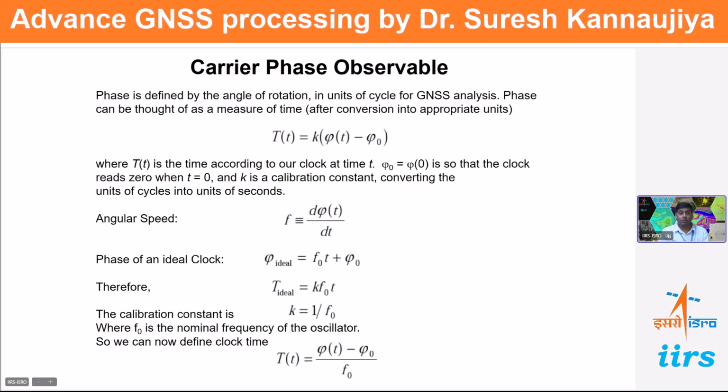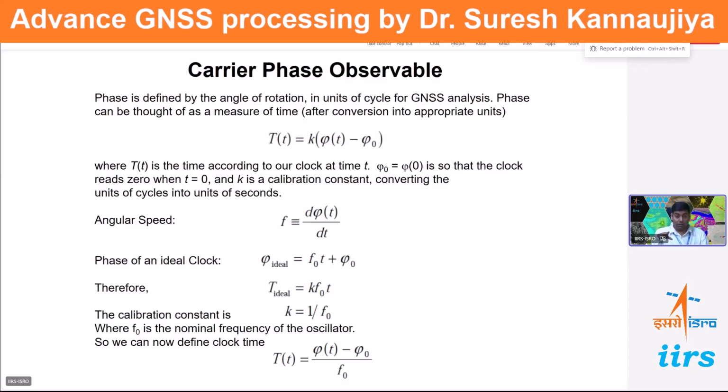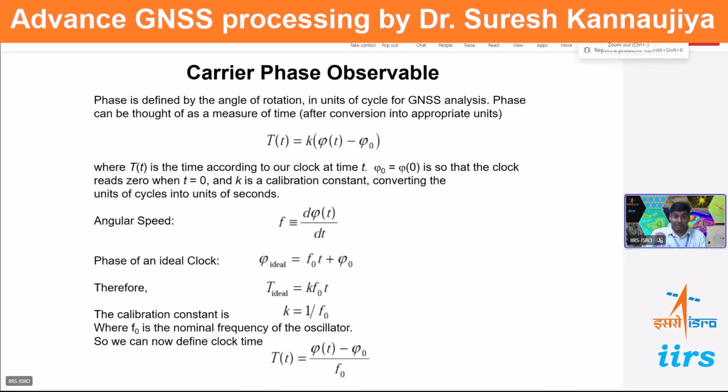So now, what is the carrier phase observable? We know that phase is nothing but the angle of rotation. If it is completing 360 degrees, it means one complete cycle, one complete wave, 2 pi.